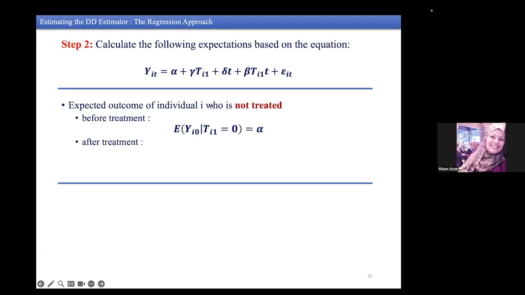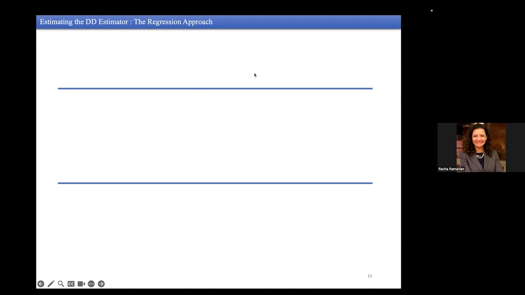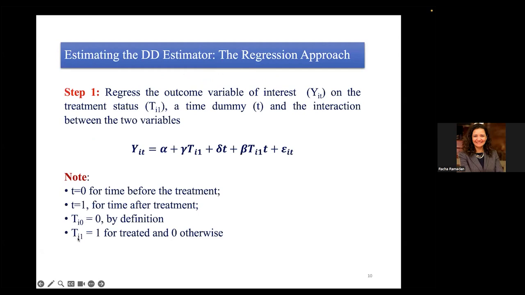So she is not treated, so the capital T will be 0 because we agreed that the capital T_i will equal 1 if the individual is treated and 0 otherwise. So she is not treated, so this will be 0. But I am asking about her expected outcome before the treatment. So before the treatment, the small t, the time dummy, will be 0.